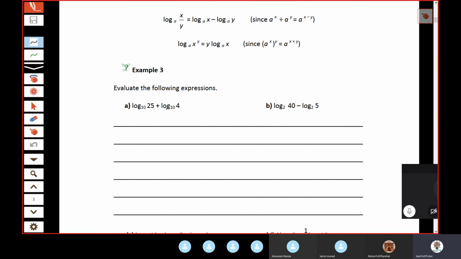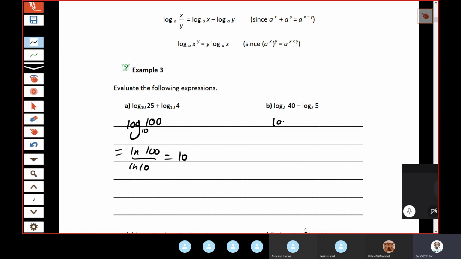So this one, evaluate the following expressions. See, they're the same sub bases. They're both log base 10. So I can just write log 25 times 4, which is 100, and then sub base 10, and that becomes log 100 on log 10. If you plug that into your calculator, I'm sure it'll give you 2.